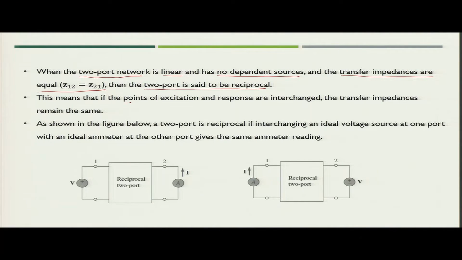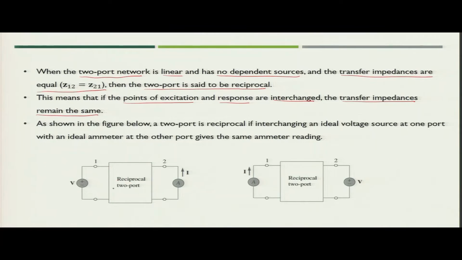It means that the points of excitation and response can be interchanged, but the transfer impedance will remain the same. We can understand this with the help of this figure, in which at one port, that is the input port, we are applying the voltage, and at the output port we are adding the ammeter to find out the value of current.